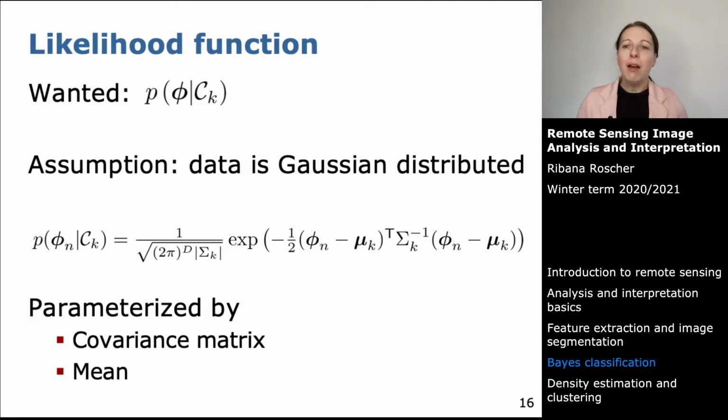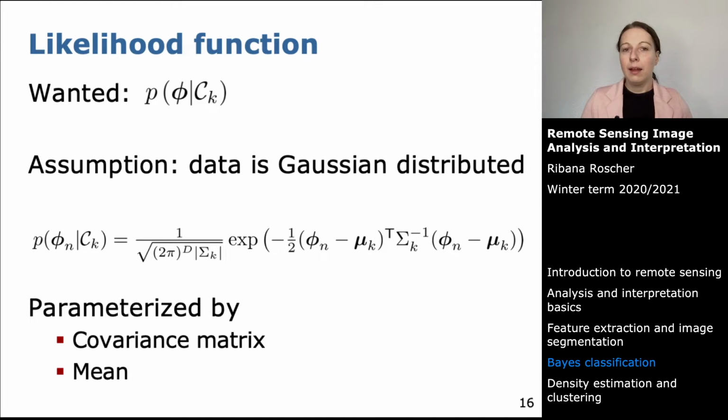What we compute now is the likelihood function value. So this is what we wanted, and we have one assumption for now, and we assume that our data is Gaussian distributed. Here you can see the equation for a Gaussian probability density function, which is parameterized by the covariance matrix sigma and the mean mu.